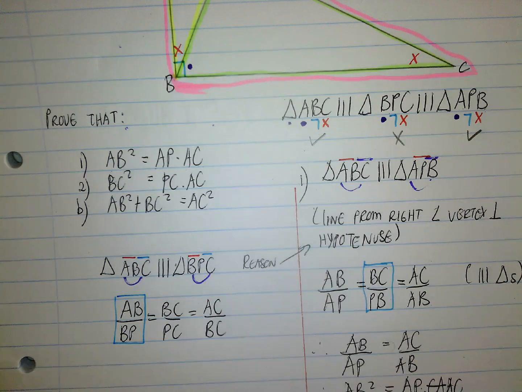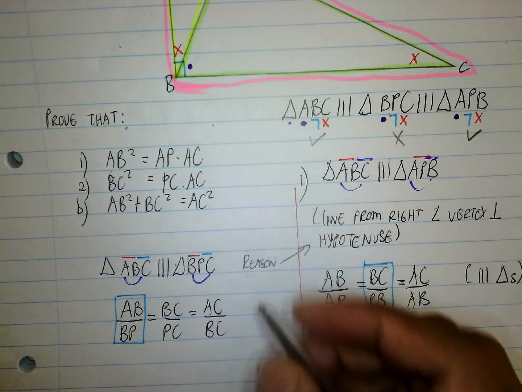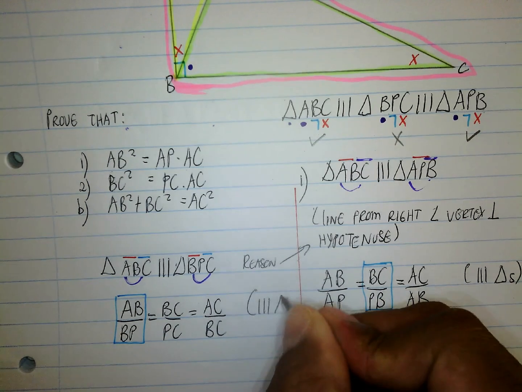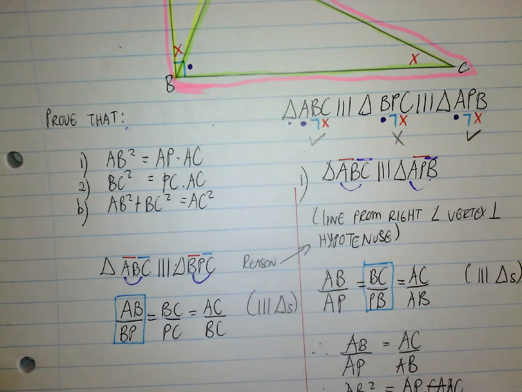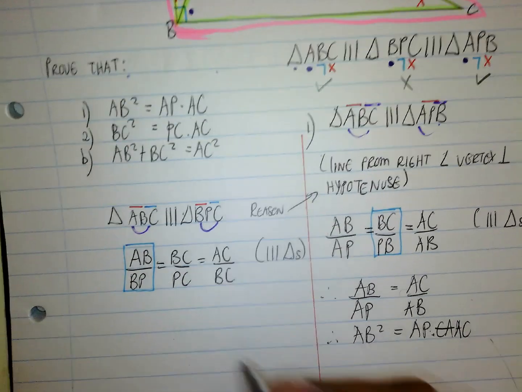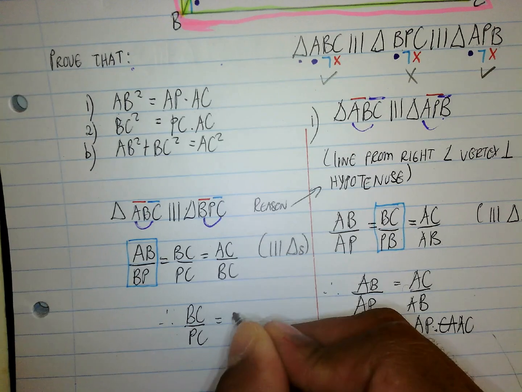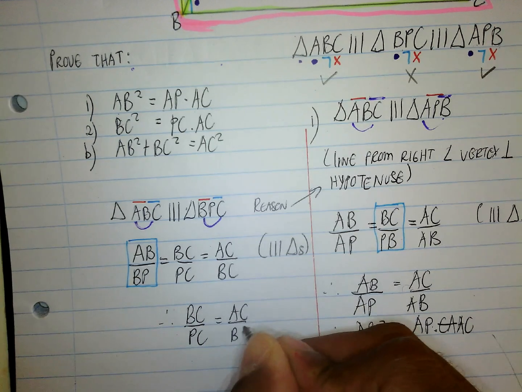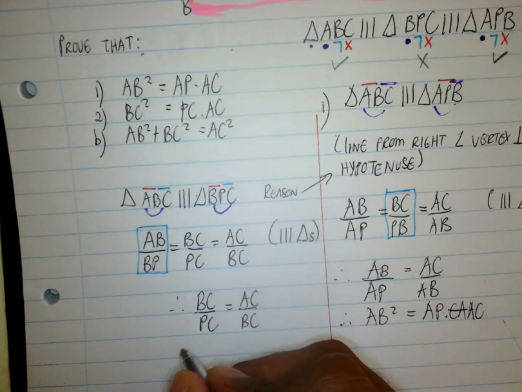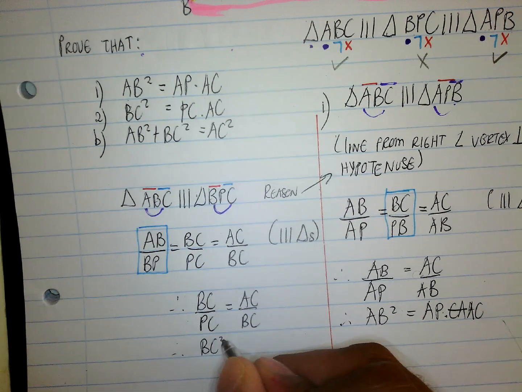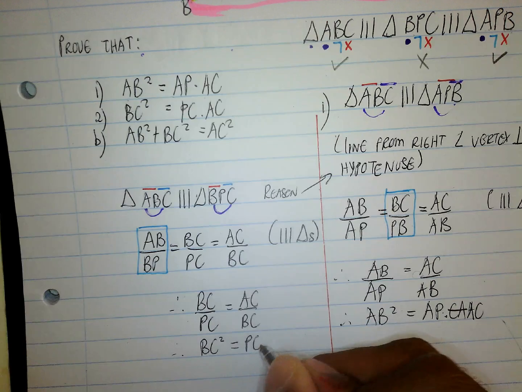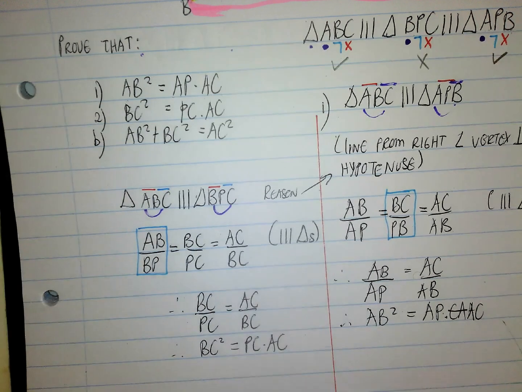Remember, after writing this it is going to be similar triangles, right? Then from there you're going to have, therefore, BC over PC equals AC over BC. Then when you cross multiply, you're going to have BC squared is equal to PC multiplied by AC, right? So that is going to be your answer for number 2.